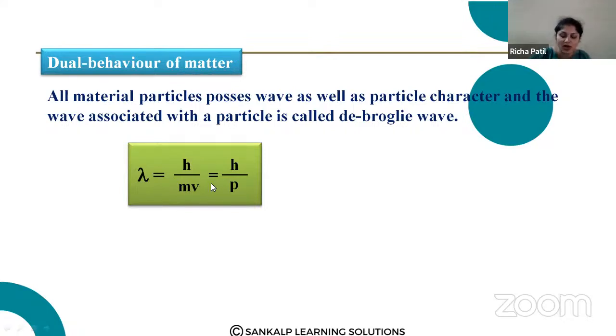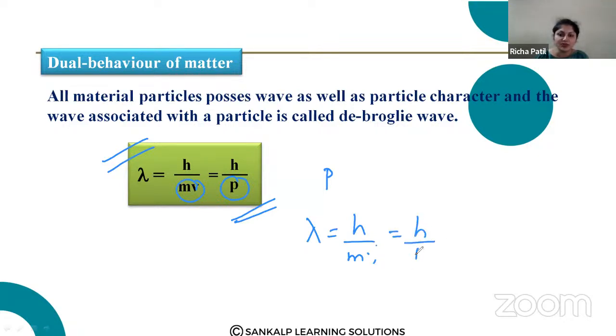You know mv is nothing but your momentum, so this mv can be replaced by momentum p. So this is the equation de Broglie gave: lambda is equal to h by mv, that is h by p. This is the relation between lambda and the momentum of a particle.